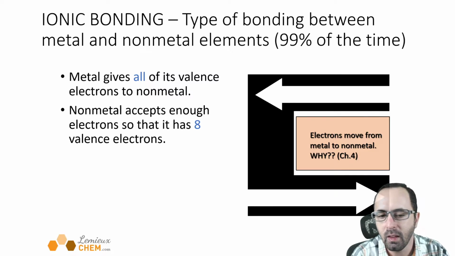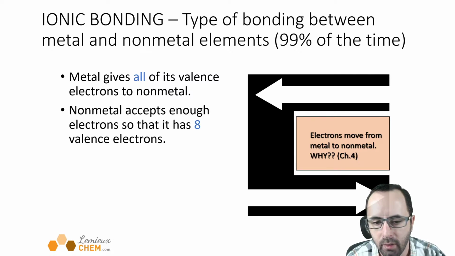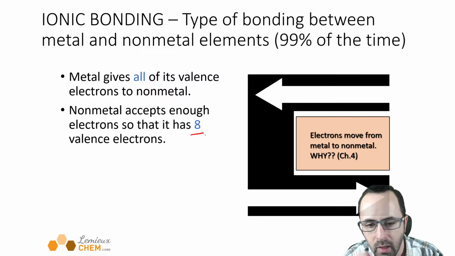And it's going to happen so that each atom has a full shell of electrons, which for most atoms is going to be 8 valence electrons. And so there's going to be a special stability to having 8 valence electrons. And all atoms, when they're bonding, are essentially trying to get to this 8 valence electrons.